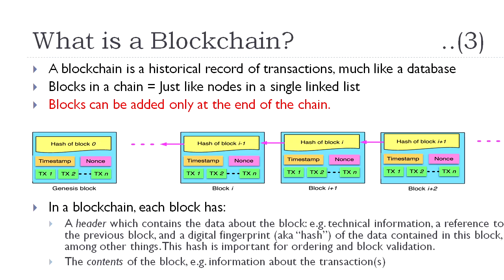So if block I contains the hash of block I minus 1, then if you make any changes in block I minus 1, the hash value stored in block I plus 1 will also be disturbed, because we have seen previously that any small change disturbs the corresponding block hash.